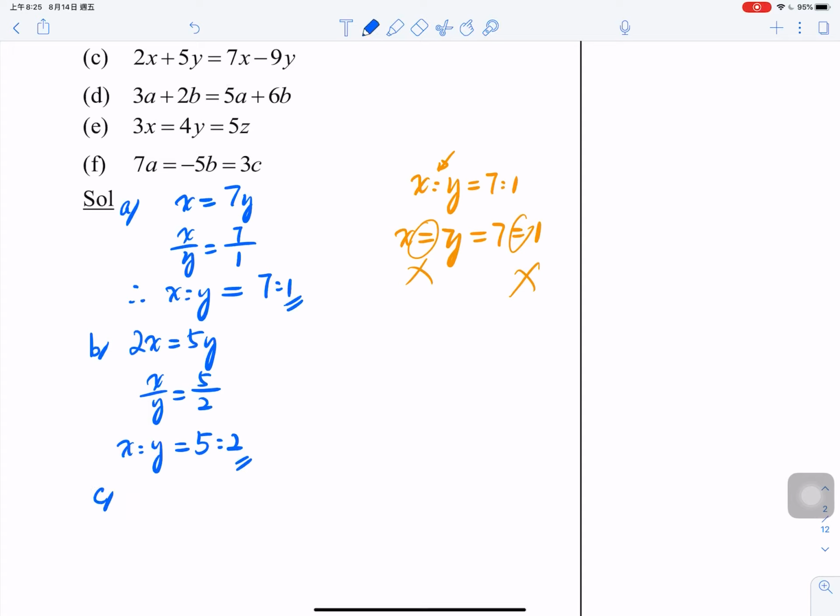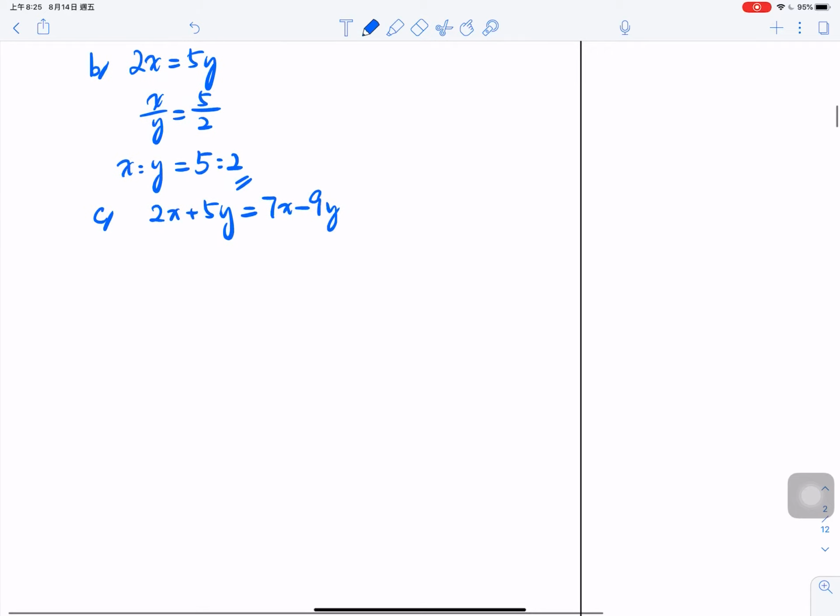Going on to part C. 2x plus 5y equals 7x minus 9y. Do you remember how to do this one? Yeah, group it. 5y plus 9y. Grouping. 7x minus 2x. Right.